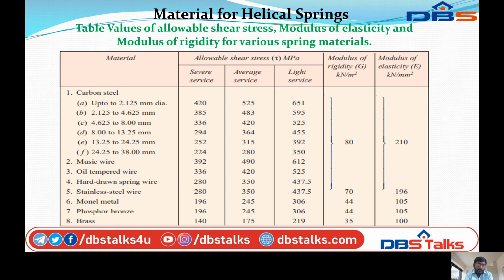Similarly, carbon steels of diameter 4.625 to 8 mm, 8 to 13.25 mm, 13.25 to 24.25 mm, and 24.25 to 38 mm diameter have allowable shear stresses changing for severe, average, and light services, continuously decreasing, such as 336, 420, 525. The modulus of rigidity is the same at 80 and the modulus of elasticity is the same at 210 for the entire carbon steel.